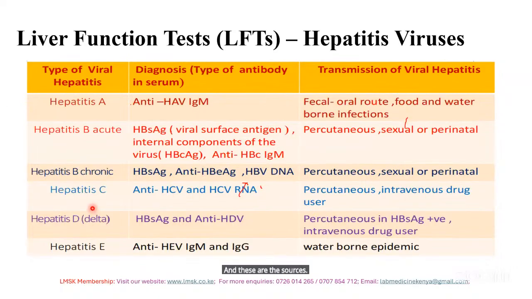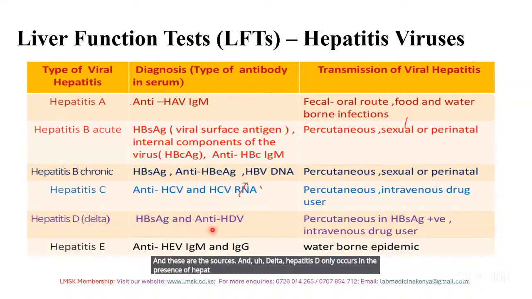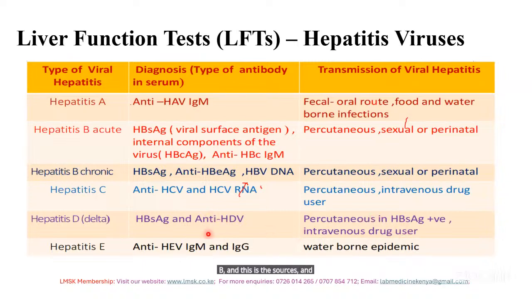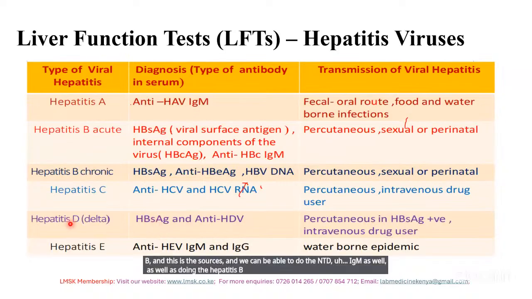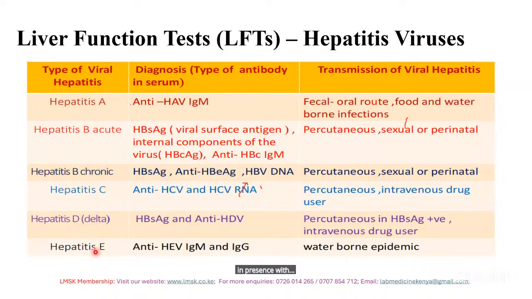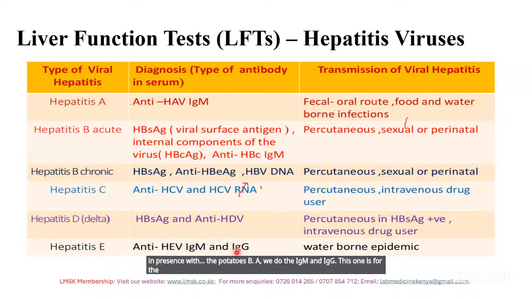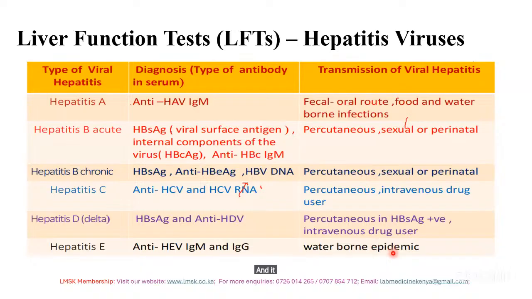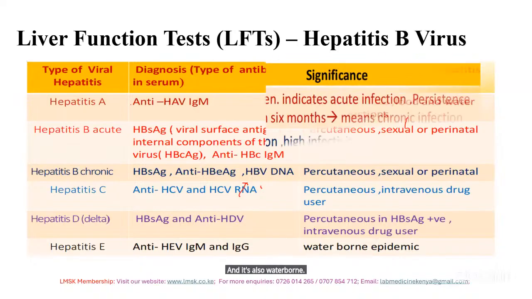And delta hepatitis D only occurs in the presence of hepatitis B. We can do the anti-D IgM as well, as well as the hepatitis B surface antigen. So you'll not find D alone. D is always in presence with hepatitis B. E, we do the IgM and IgG. This one is for previous exposures, and it's also waterborne. You obtain hepatitis E from the water.